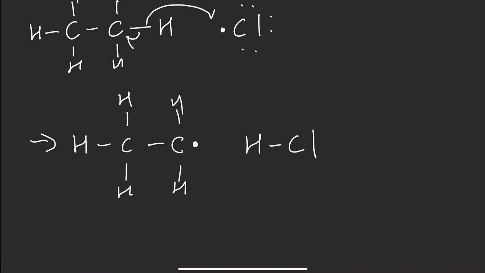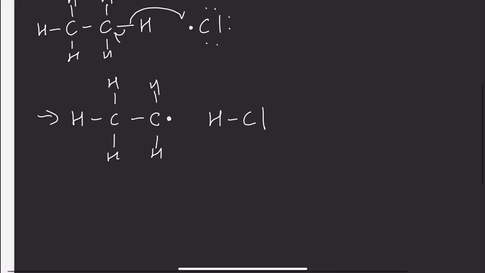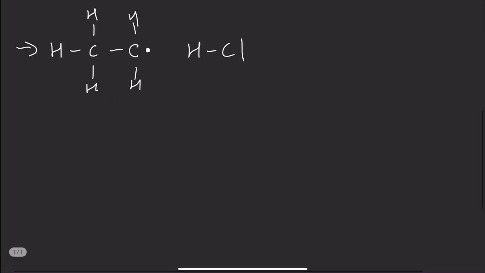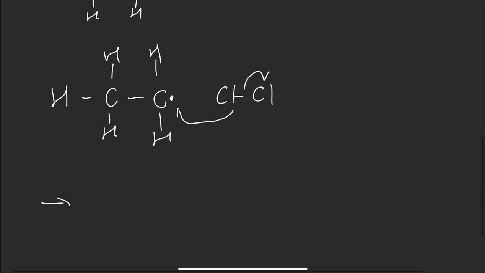This ethyl radical reacts with another chlorine molecule, producing the desired halogenoalkane, chloroethane. Like this.